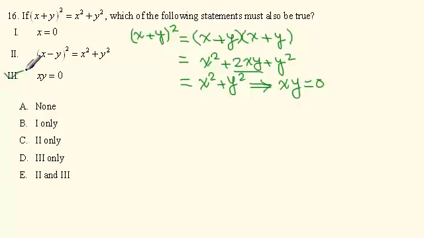That means the Roman 3 condition or statement must be true to make this statement true. So that is one thing we found, that x times y, the product of x and y, must be equal to 0. So that establishes this fact.